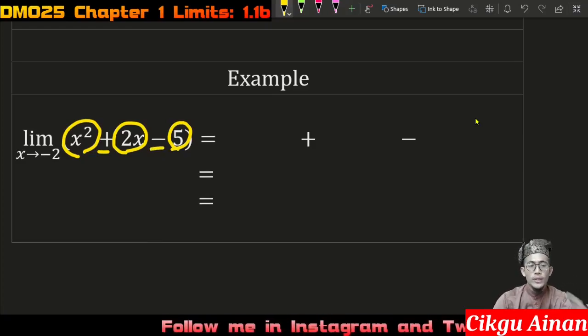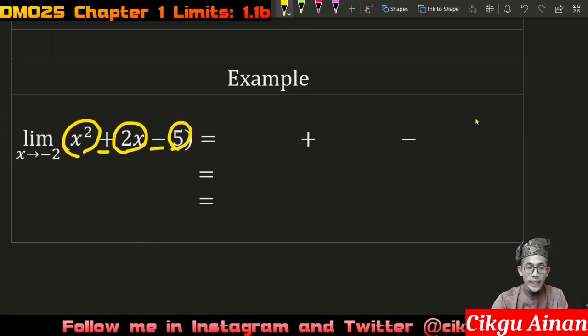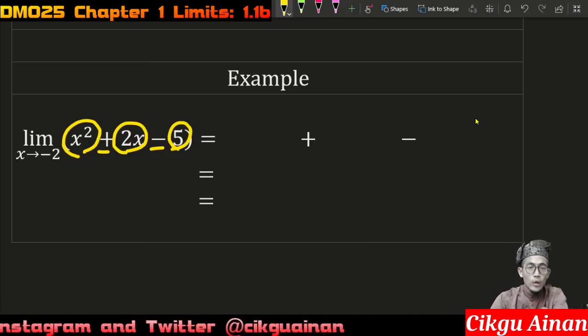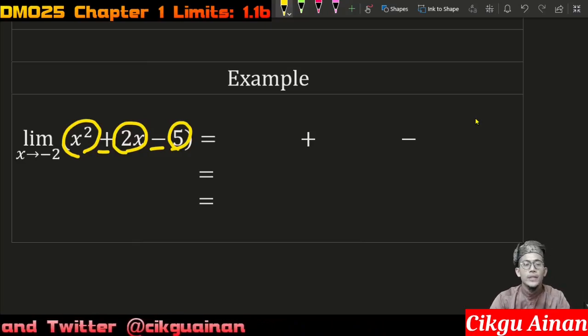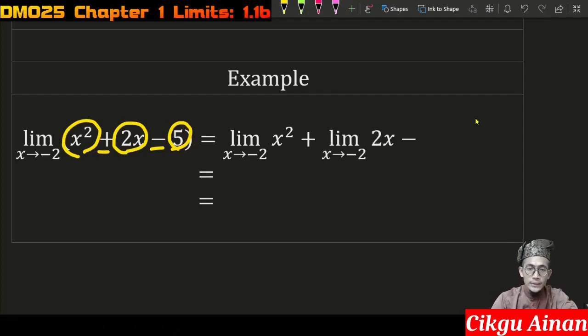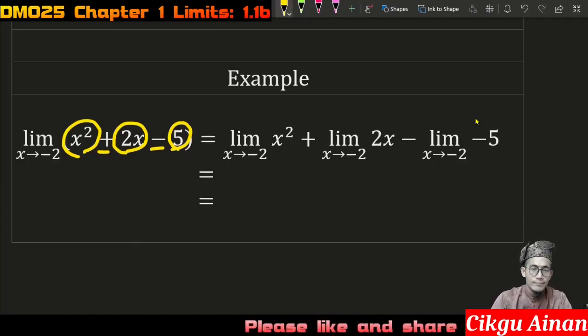So by using the properties above, we can find the limit of each individual part, in the yellow circles I've made. The first one is the limit of x squared only, the second one is the limit of 2x, and the last one is the limit of minus 5.